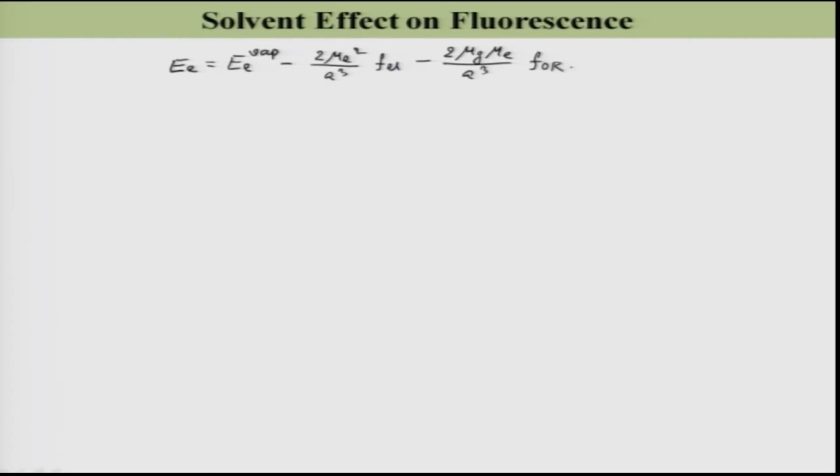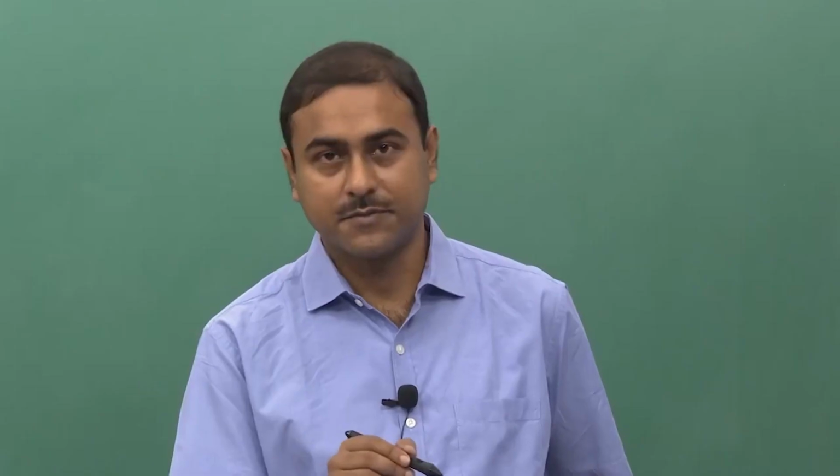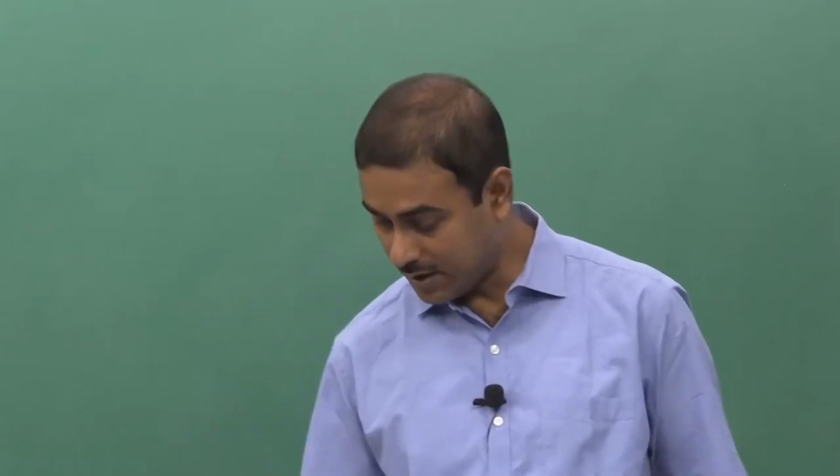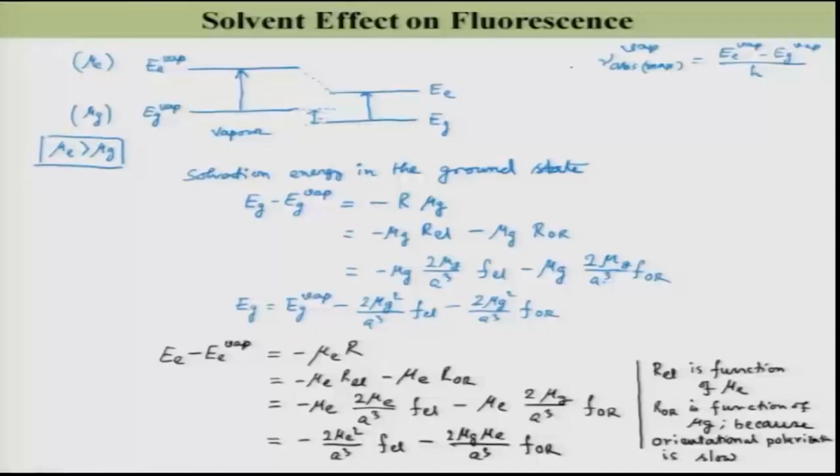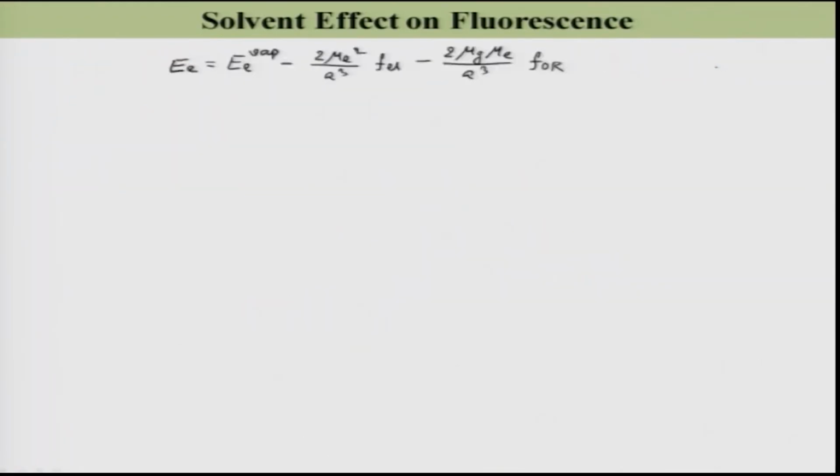So, now if I want to calculate the absorption energy, similarly, I have calculated over here, you see this lambda, look here, the new absorption maxima in vapor is like this, right. So, I can also calculate the new absorption in the solvent. For that I have to calculate E minus E g, isn't it, E minus E g.